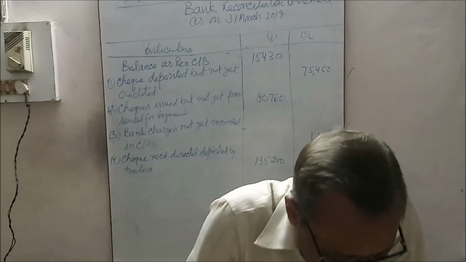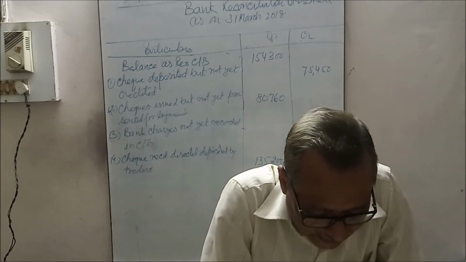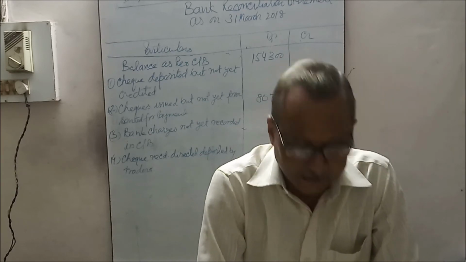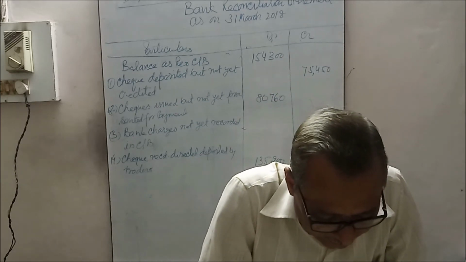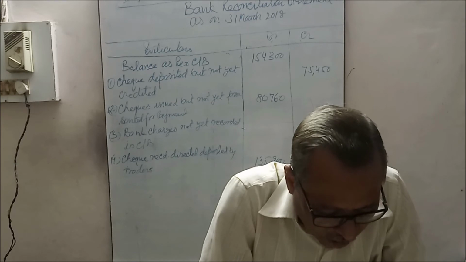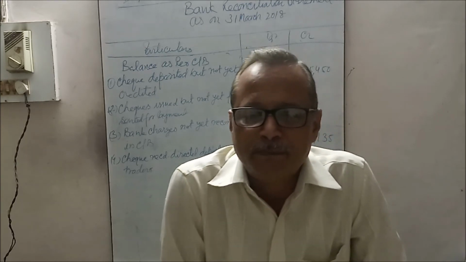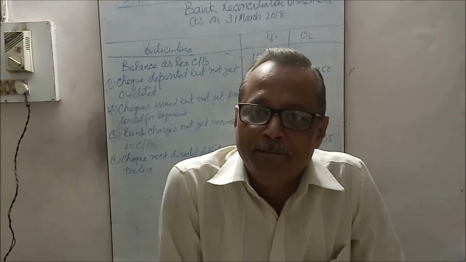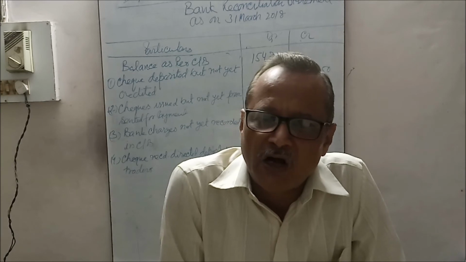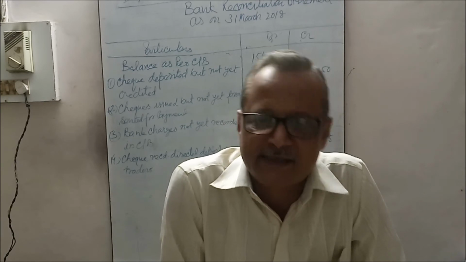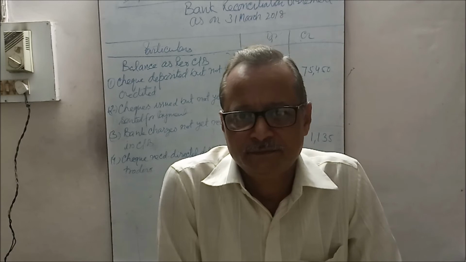Next is insurance premium paid by the bank as per standing instruction, but not yet recorded in the cash book. Insurance premium paid by the bank means the bank has spent on behalf of the business or the customer.